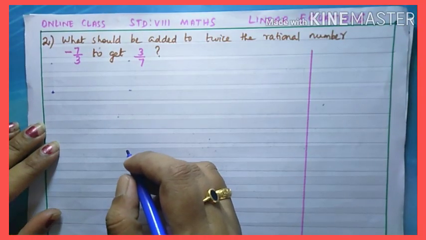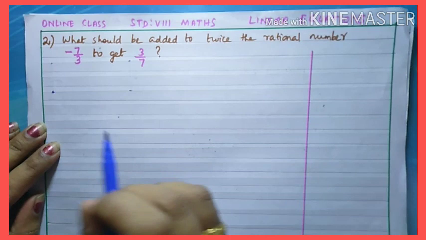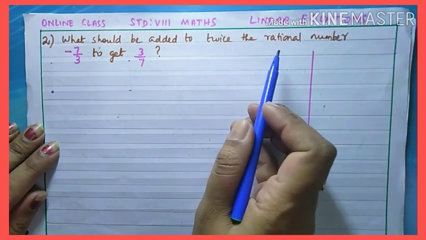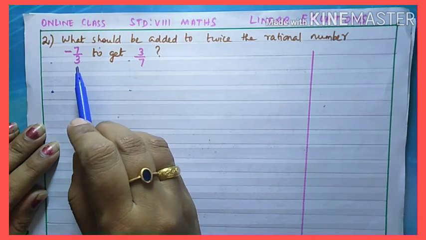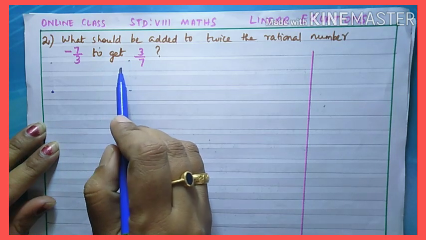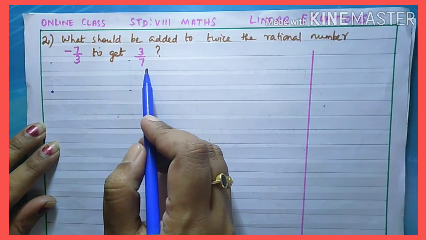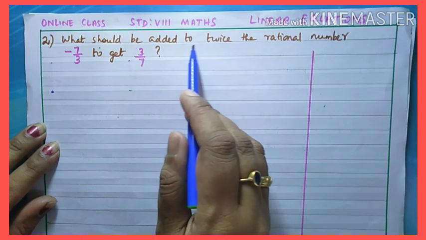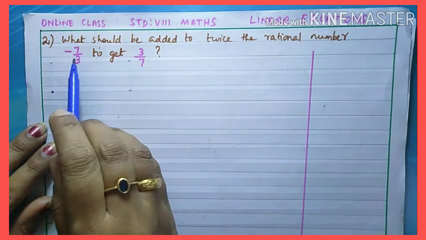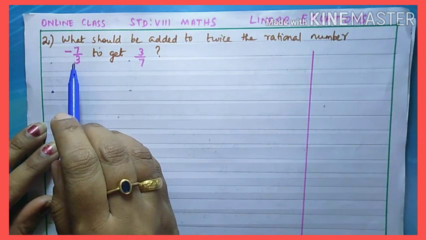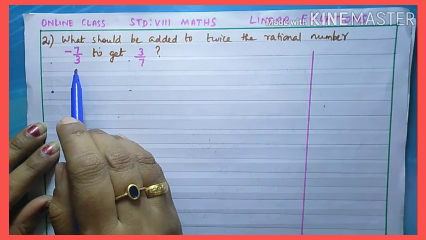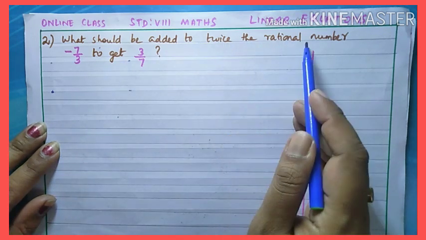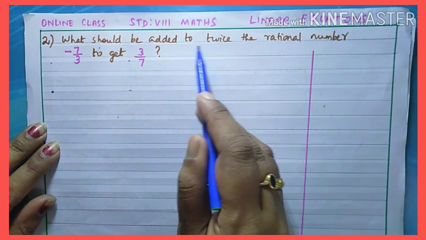Now students, our second problem. What should be added to twice the rational number minus 7 by 3 to get 3 by 7? What is the meaning of the question? What should be added to twice the rational number minus 7 by 3? So minus 7 by 3 is a rational number, and twice the rational number means what? What do you mean by twice?